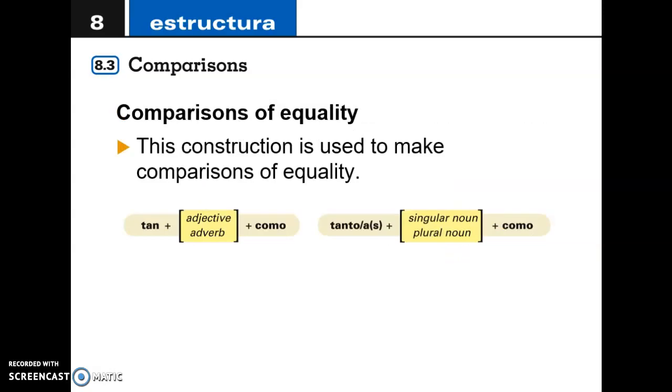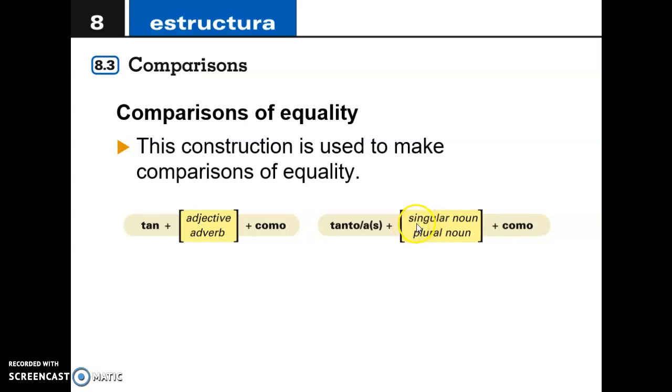We also have equality. In the beginning, we were talking about inequality, and now we're talking about equality. And we are going to say tan como or tantos como. So in this case, we are going to have over here an adjective or a verb, tan, adjective or verb, como, or tanto, tanta, tantos or tantas, como, and a noun, okay?